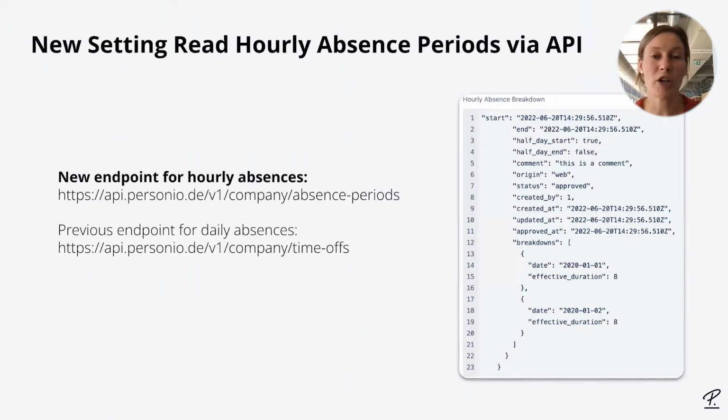The next update is on hourly absences, because we do have a new endpoint. You see here below the endpoint that we had on daily absence types. And now you're able to also submit an hourly absence endpoint to your public API, for example, in order to get reports to your reporting tools, or also to do all the salaries, because some salary management tools are connected with Personio via the public API.